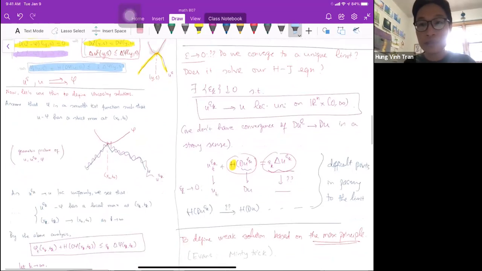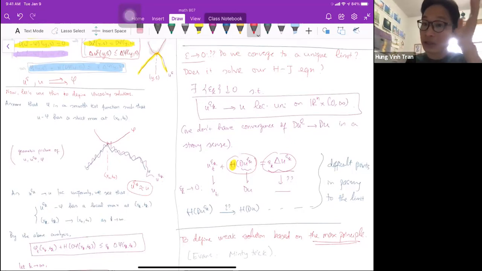Now we are going to use that to define viscosity solution. All right, so the geometric picture is this. I have u, and u epsilon k is approximately equal to u, right? You can imagine that u is a certain function and u epsilon k is oscillatory, approximating u.